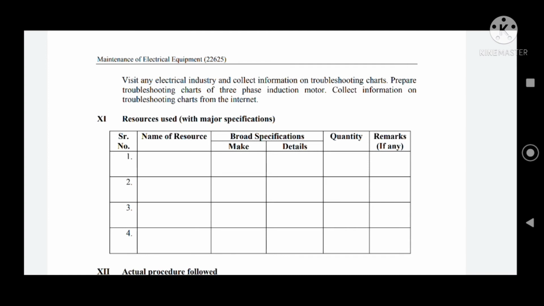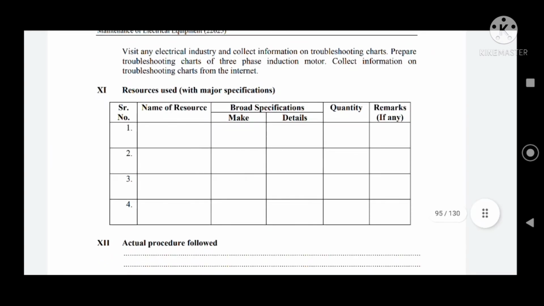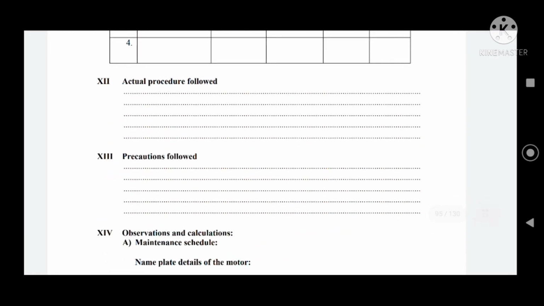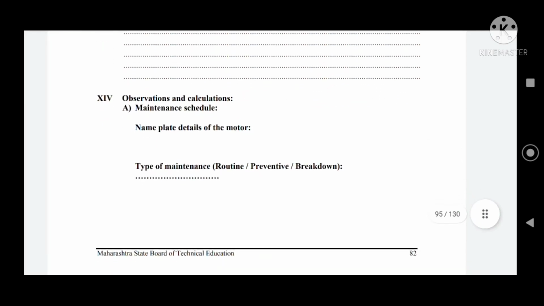So in this blank area you have to write down the resources used actually for this practical. Next actual procedure followed, precautions followed, and next write down observations and calculation, that is maintenance schedule, nameplate details of the motor.